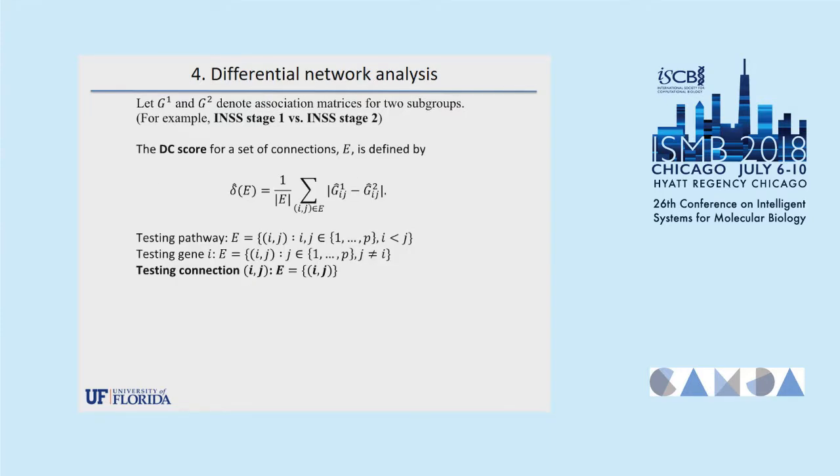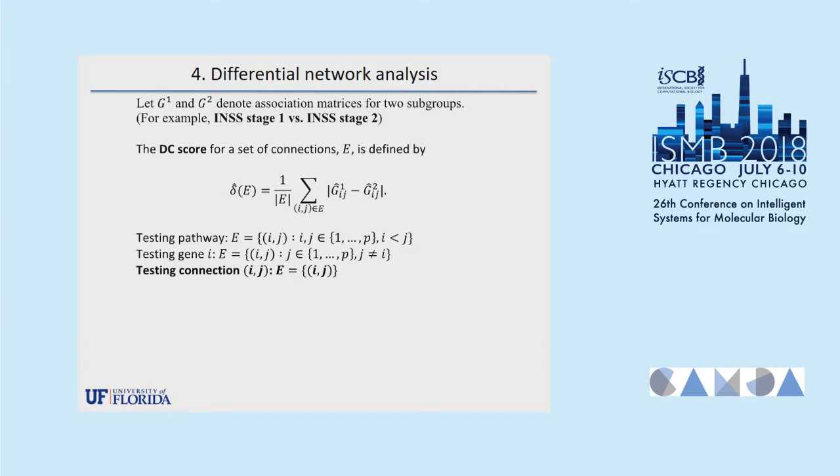So to actually do this, we just look at average differences in the association scores. So I'm going to call this a DC score, so differential connectivity score. And you can look at any set of connections in the graph. So I can test to see if the entire pathway is differentially connected, in which case I would sum over all the edges in the network.